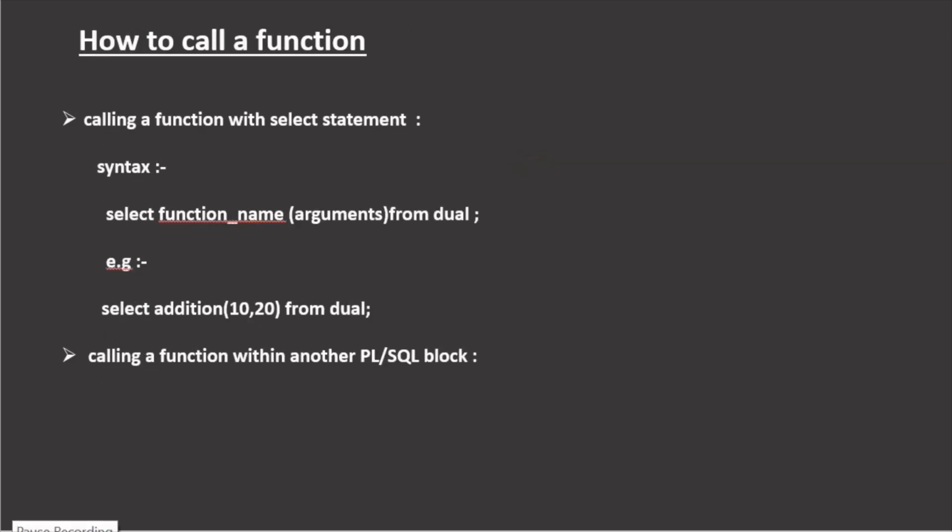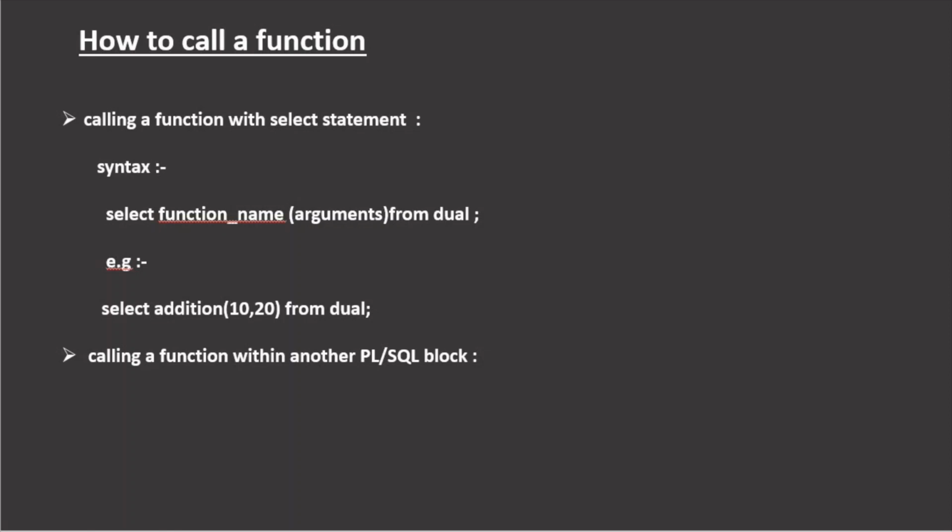Now let's see how to call a function. So basically there are two methods for calling a function. First one is calling a function with select statement. Syntax for that is select function name which we want to call, pass the arguments, from dual. So dual is a table which is automatically created by the Oracle database along with the data dictionary.